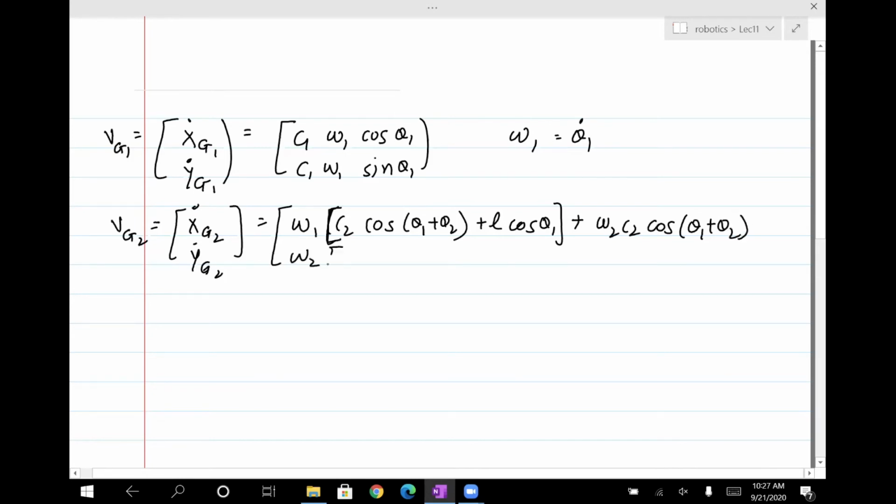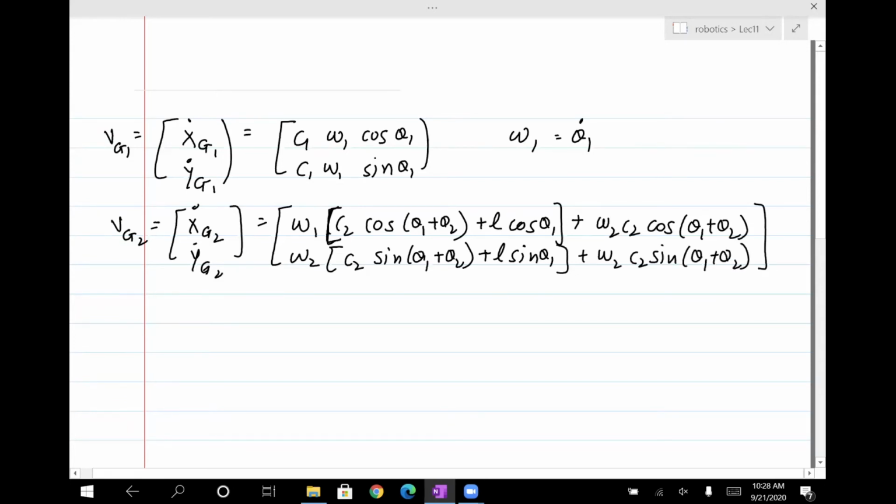And the velocity for G2 will be C2 sine theta 1 plus theta 2 plus L sine theta 1 plus omega 2 C2 sine theta 1 plus theta 2.